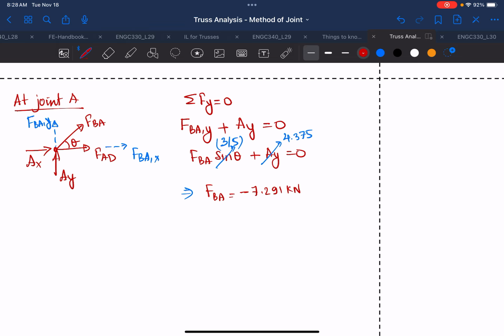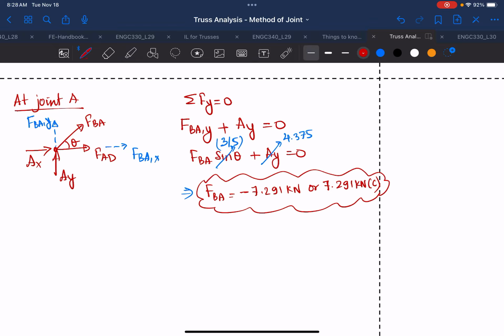And because it is negative, which means that it is compression, because we always assume that it is tension, but if it is negative, then we know that it is compression. And we can do the same thing also.